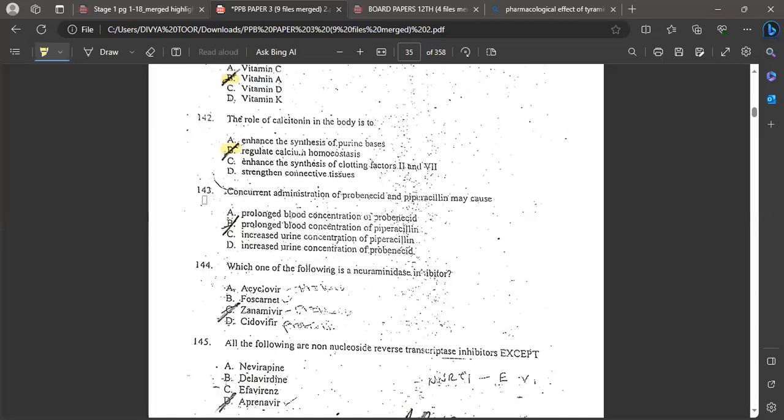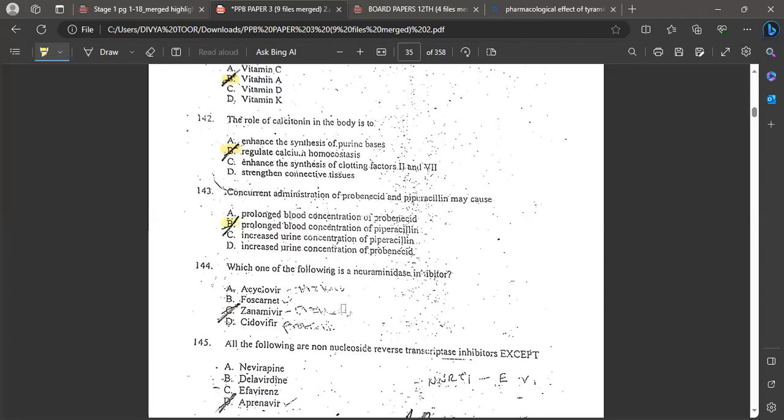Go ahead, let's continue. Concurrent administration of probenecid and piperacillin may cause prolonged blood concentration of probenecid, prolonged blood concentration of piperacillin, increased urine concentration of piperacillin, or increased urine concentration of probenecid. Prolonged blood concentration of piperacillin.